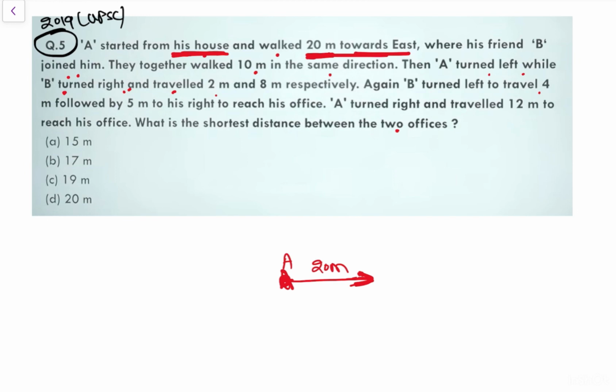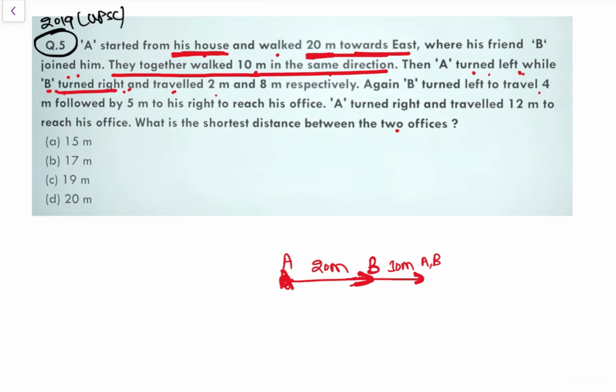Where his friend B joined him. So here B joined him. Okay. They together walked 10 meters in the same direction. Together A and B walked for 10 meters in the same direction. Now A and B are here. Okay. 10 meters. Then A turned left while B turned right. So A turned left.